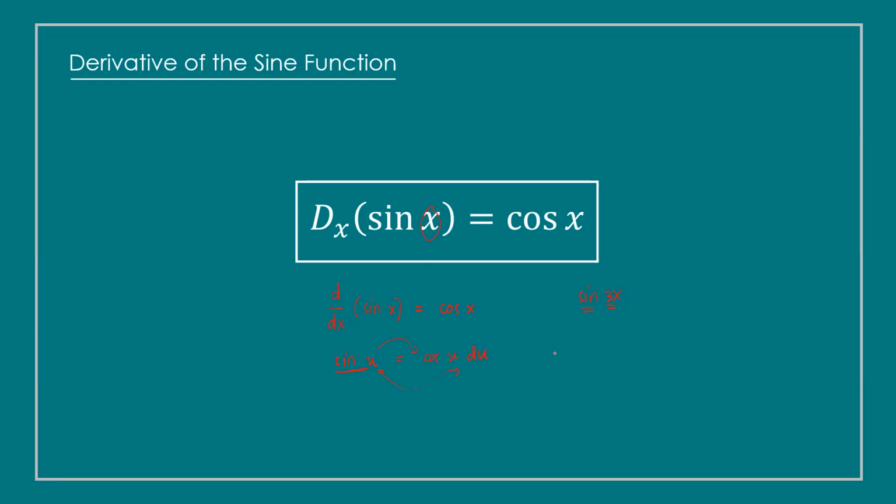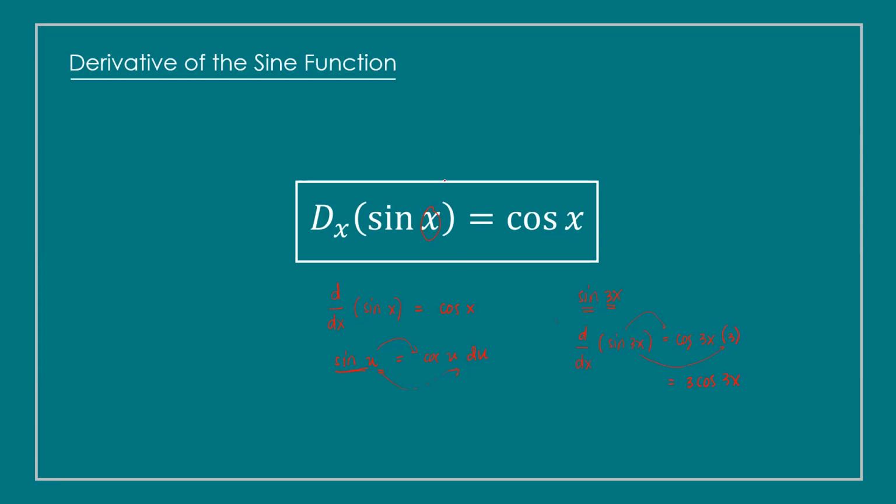So the derivative of sine 3x would give us, deriving first sine, cosine 3x, and then again derive next the angle. Okay, so the final answer for this one would be 3 cosine 3x.